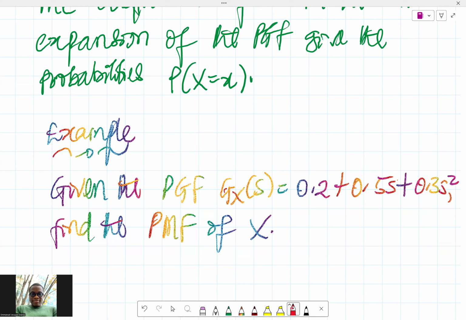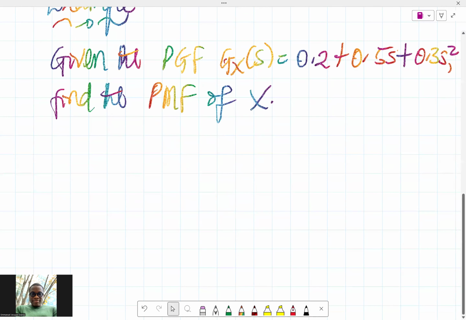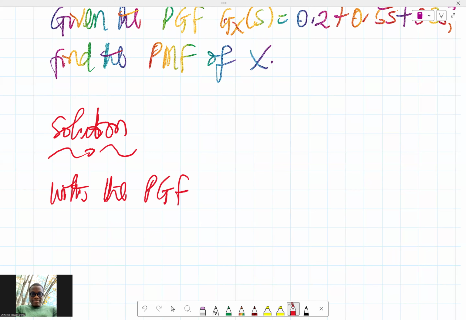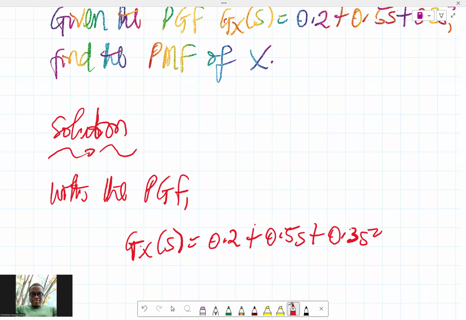So we go for the solution. We have the PGF G_X(s) equals 0.2 plus 0.5s plus 0.3s squared.